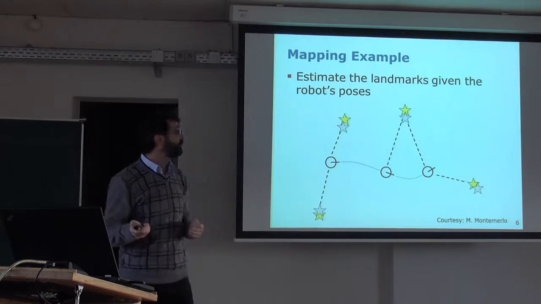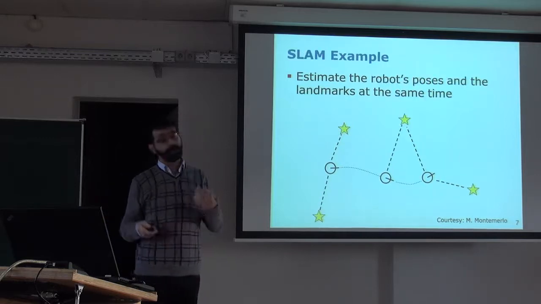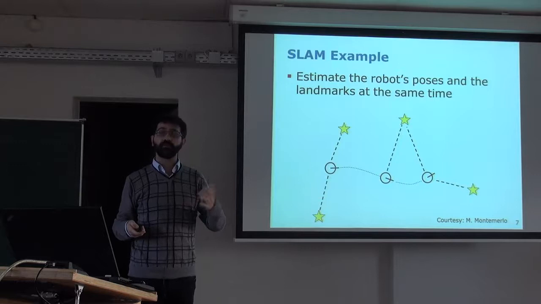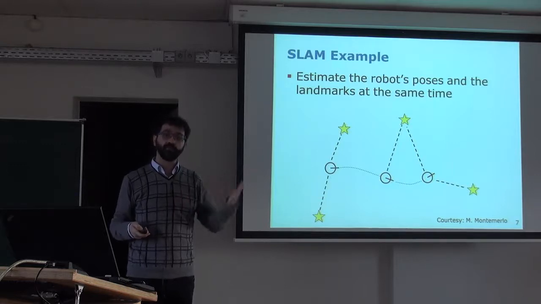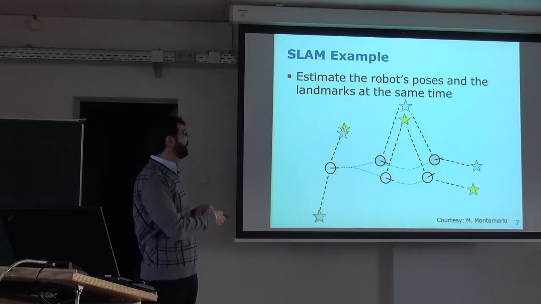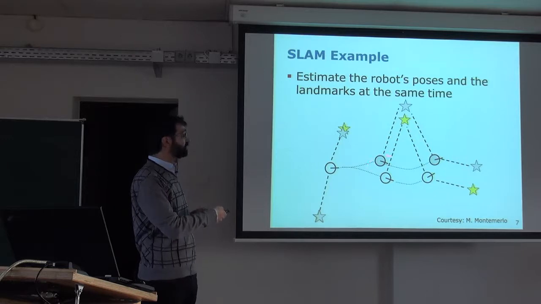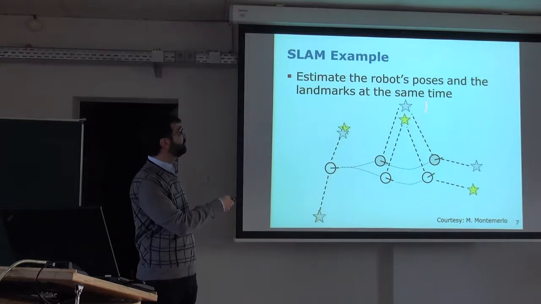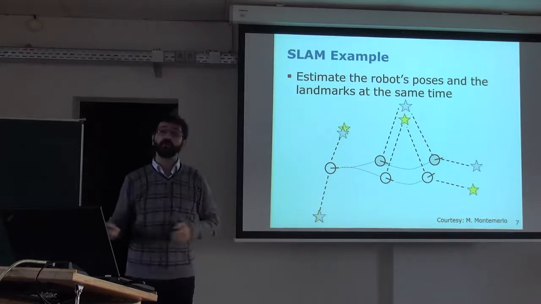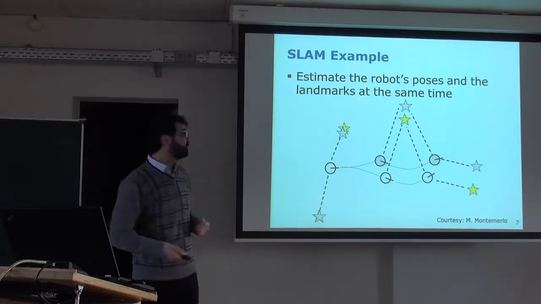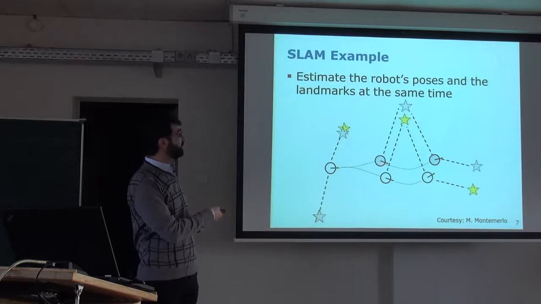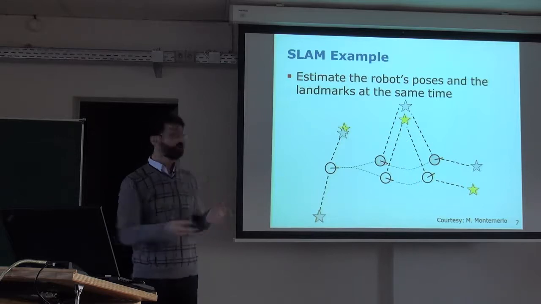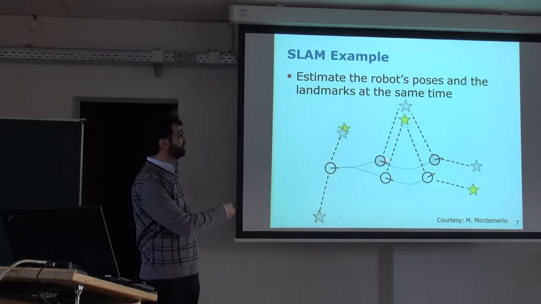If we do SLAM, we actually have problems, or let's say measurement errors coming from both aspects. So we have some location error, as we've seen before for the localization, but we also have some map error because we don't know the map beforehand. So you can see here that differently than before, when we were doing localization, I could use this information that the star was here to adjust my pose and go a bit down here.